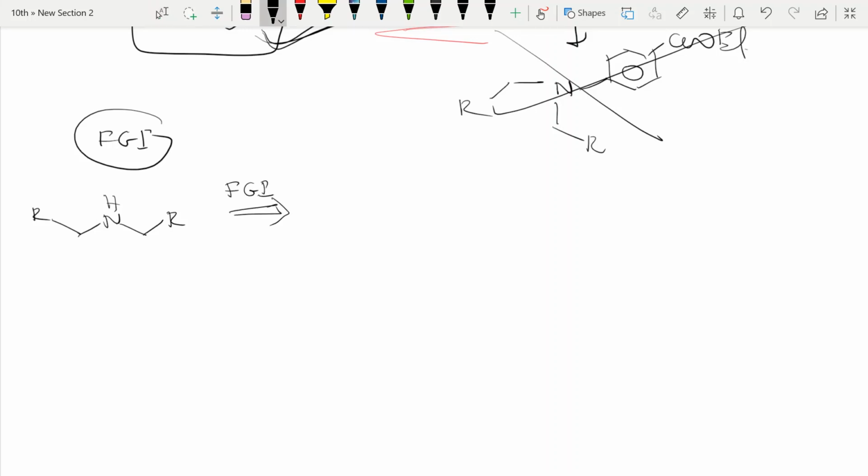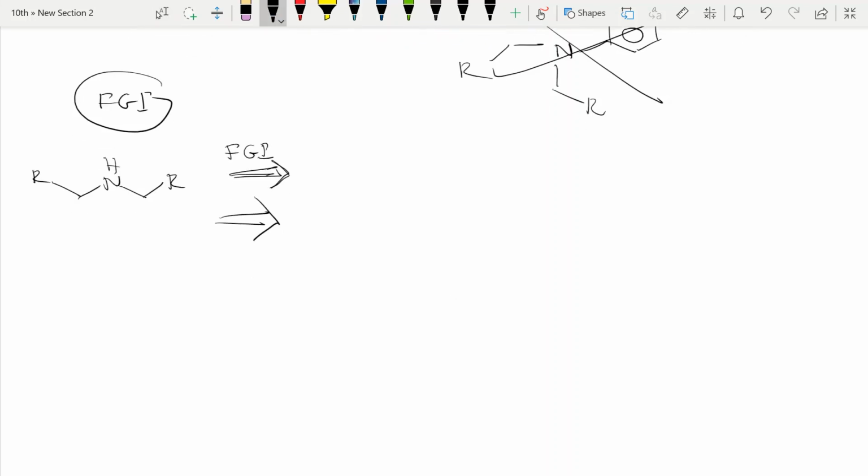And here I am talking about retrosynthesis, not a simple reaction, because I have shown this retrosynthetic arrow, right? So what I will do, here an amine is there, I will convert this amine into an amide. See here, CH2-NH-CO-R. So this is nothing but an amide. How did I convert it? I did functional group interconversion. So when I write the reaction, you will get to know how this functional group interconversion happened, right?